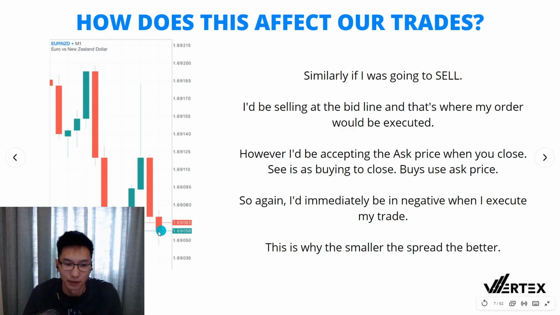So in this scenario, if I was selling here, I would actually get my order where price actually is, but the price I'd be accepting in terms of profit would be the ask line above it. So again, I would start in a negative because my sell is here, and the price I'm actually accepting when I buy, e.g. close, is obviously the ask line, which is above. And that is why, again, you always start trades in a negative no matter whether you buy or sell.